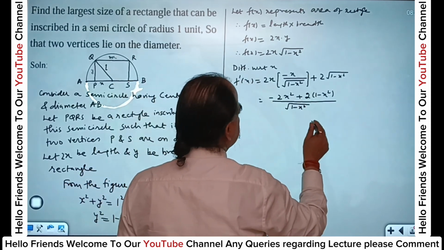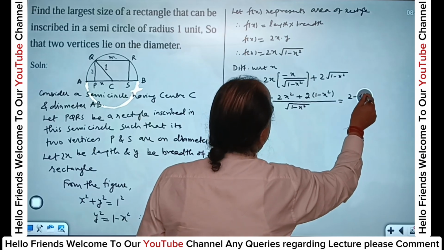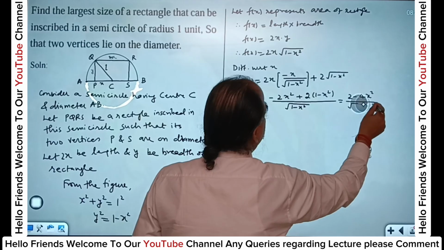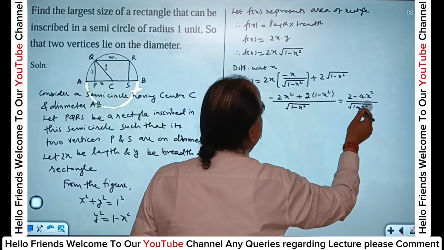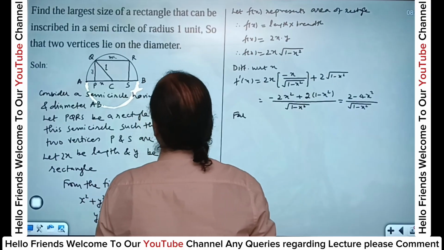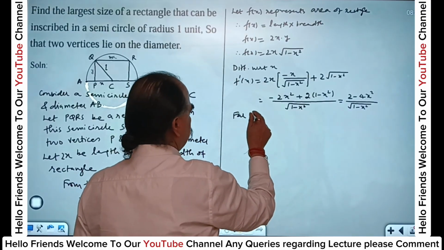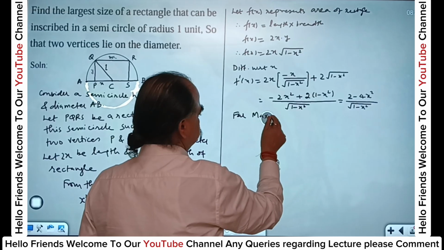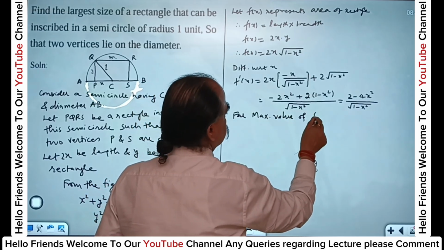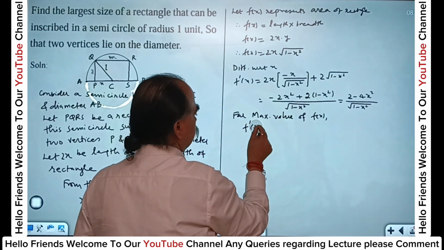So 2 minus 4x square upon root 1 minus x square. For max value of f(x), f dash x is 0.